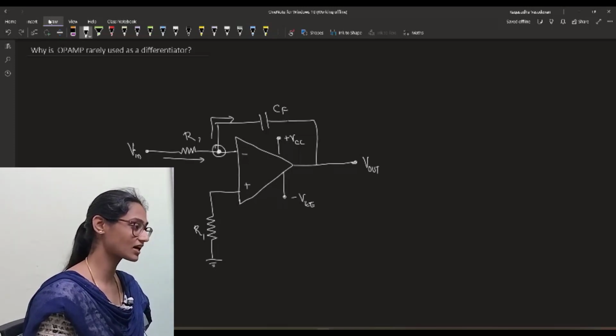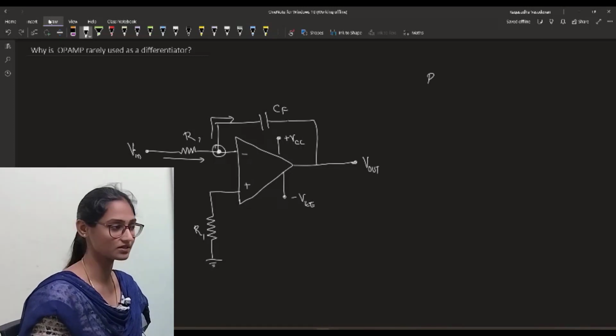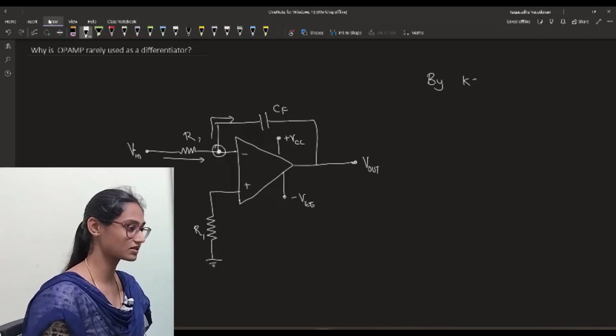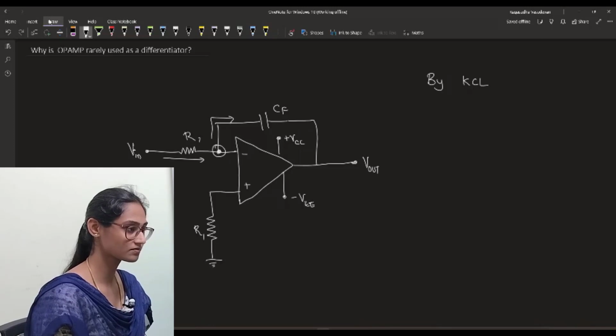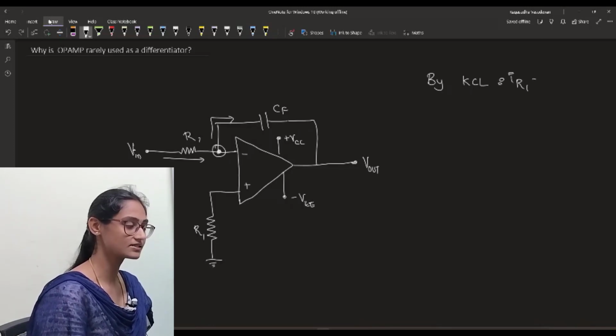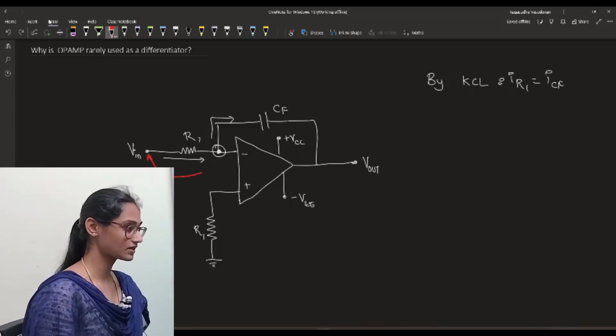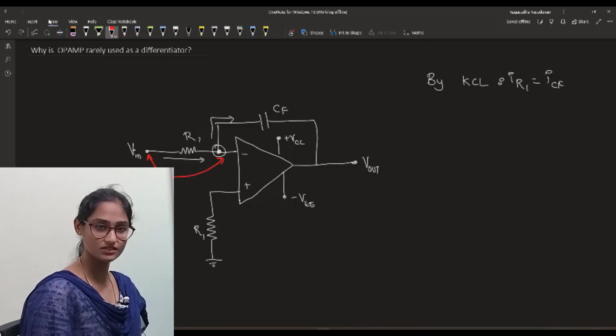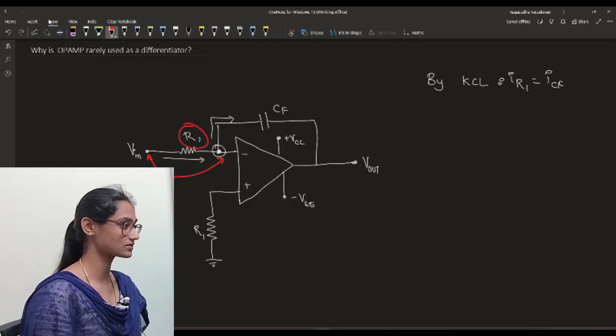The current that is entering here is the same as the current that is entering through this capacitor. So by Kirchhoff's current law, the current through R1 is the same as the current entering this capacitor. What is this current? It is the difference in the voltage between these two nodes divided by this resistor.